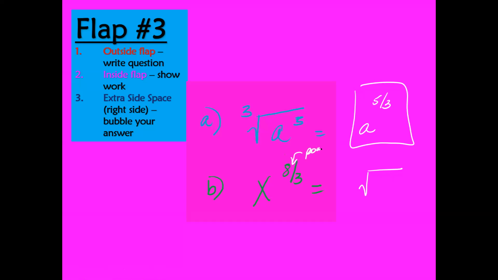Remember, the power goes on top and the root is on the bottom. So when I write it down, you have the root and you have your power like that. Then you put the x down, your power is an 8, and your root is a 3, and that is your answer.